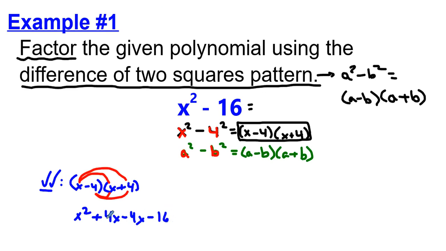These middle two terms, one's positive, one's negative, so those are going to cancel each other out. And I get x squared minus 16. Some of you were on your last assignment circling this last piece right here as your answer, but that's the same thing as circling your initial problem. You got back to what you started with, which means that you factored correctly.